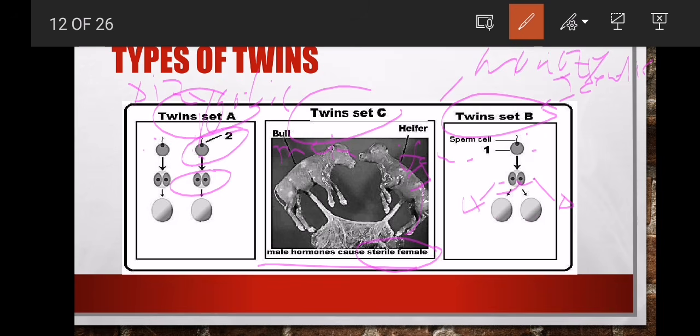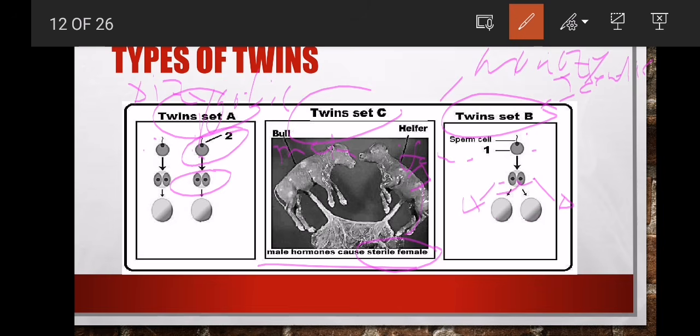So now you ask yourself a question. There's that twin that we said is a female. And that female is sterile, meaning it cannot produce offspring. So what do we call it? We gave it a name and say it's freemartin. You get your marks. So if they say label twin set A, B, C, you will get your free marks.